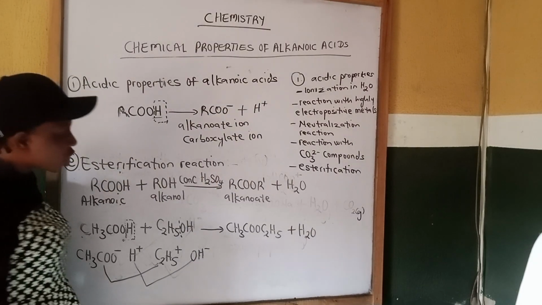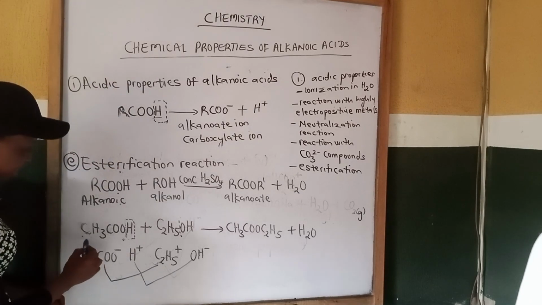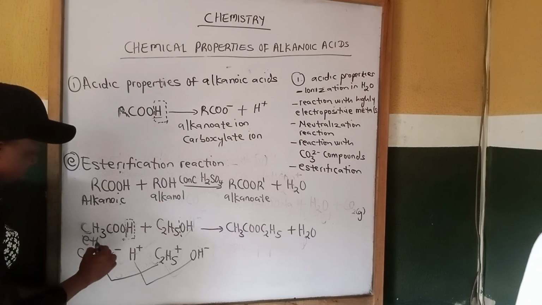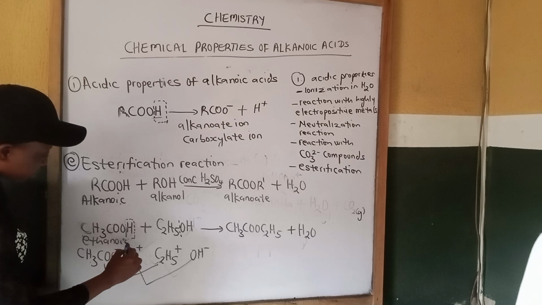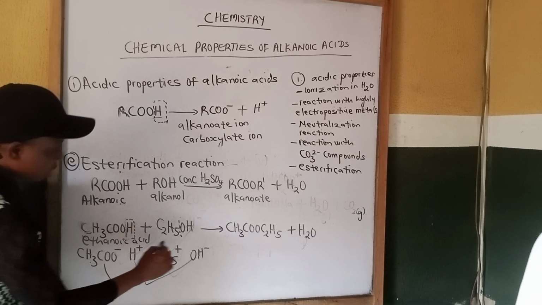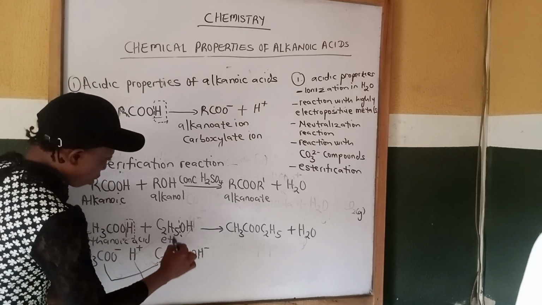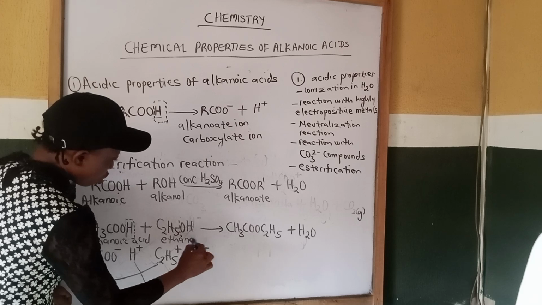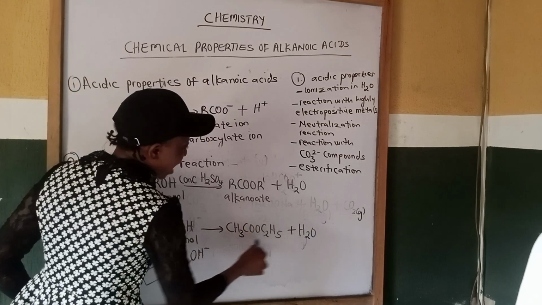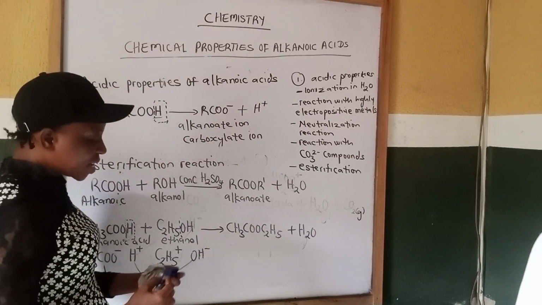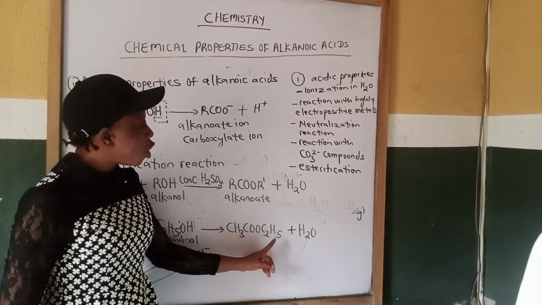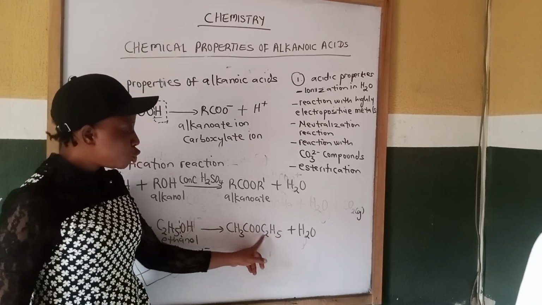So can we name the product formed now? This is ethanoic acid. This is ethanol. Then this is an alkanoate now. Don't forget that alkanoate members we always name from the back to the front.